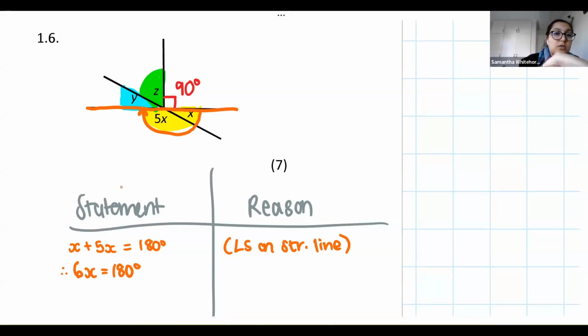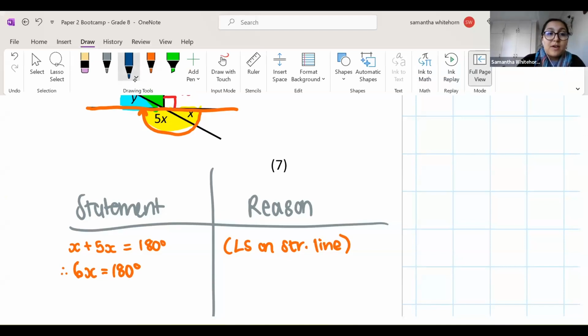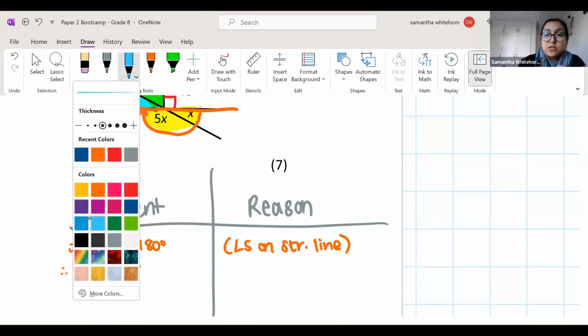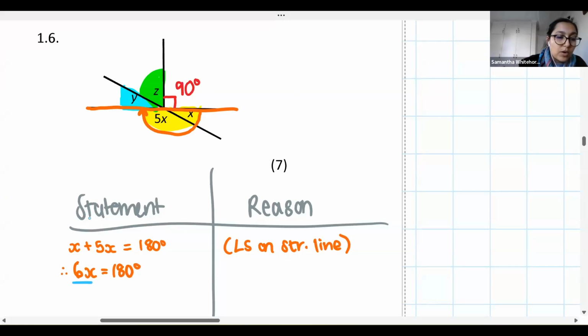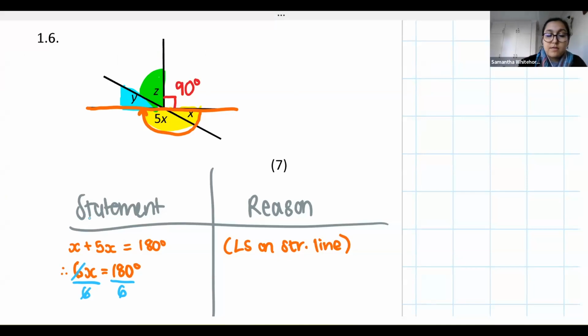This is going now back to what Hugo was talking about in terms of our algebra and how we don't always have to divide by 2. It can be any coefficient. I want X alone, so I need to divide both sides by 6. That will get rid of that 6.